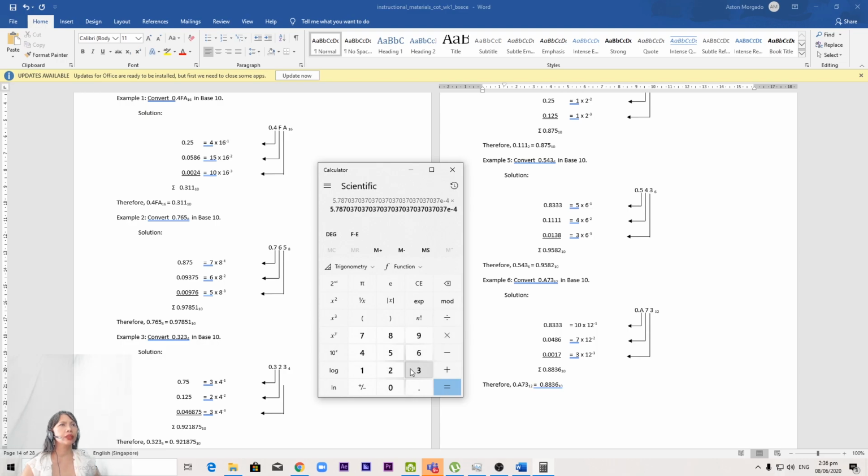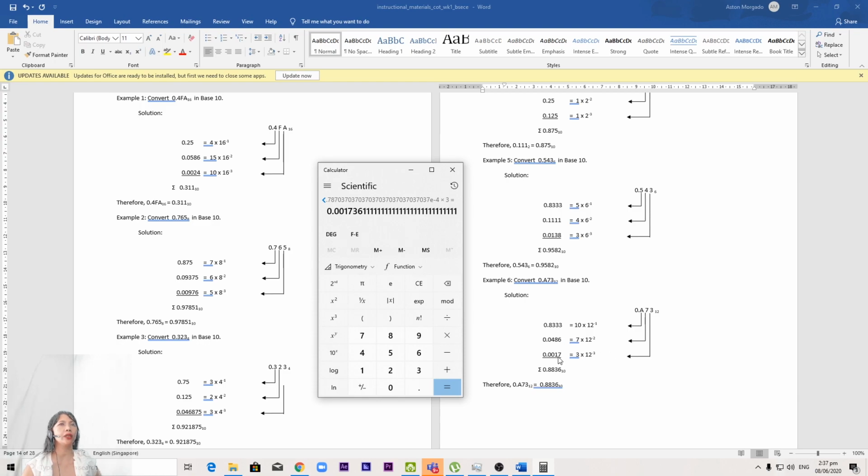Wait, I think I got it wrong. 12 raised to negative 3, times 3, so we have 0.0017.